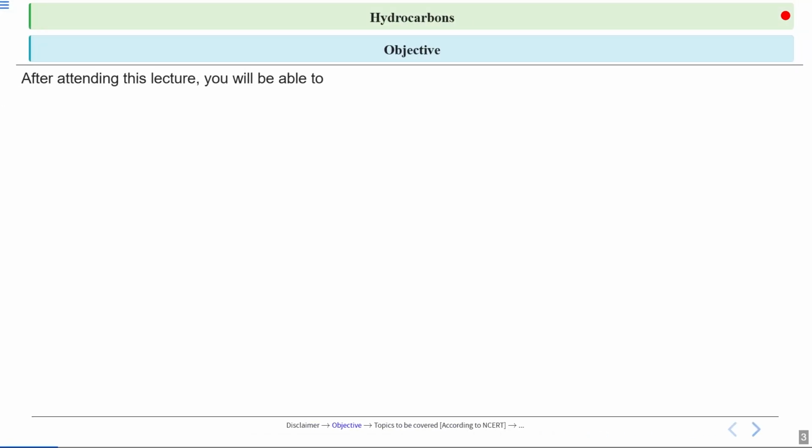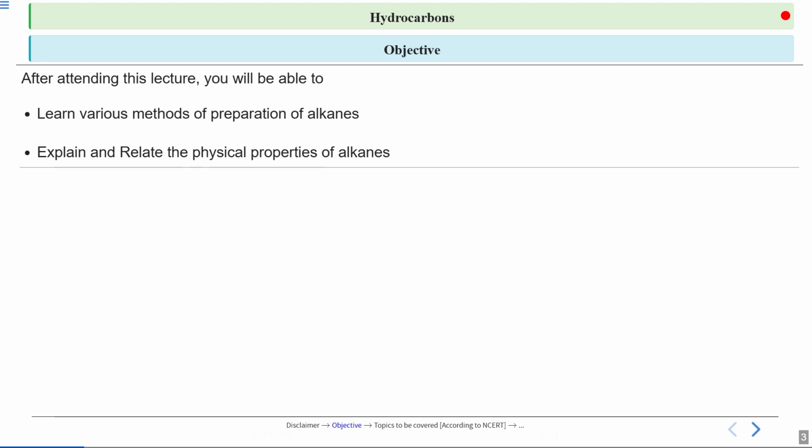Now in this lecture our learning objective would be to look at, first of all, the various methods for preparation of alkanes. So we have known a lot about alkanes in the previous classes regarding the nomenclature, isomerism and the homologous series and all. Today we'll discuss the preparation as well as explain and relate the physical properties of alkanes.